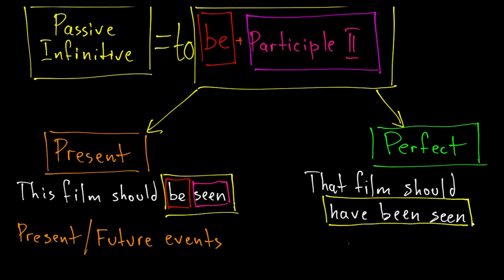Here we talk about some past events. They could happen, they could never happen in the past, but it's not so important. Quite clear. Here we have participle two, and this monster here is our be. Here we have just be. Here we have been.